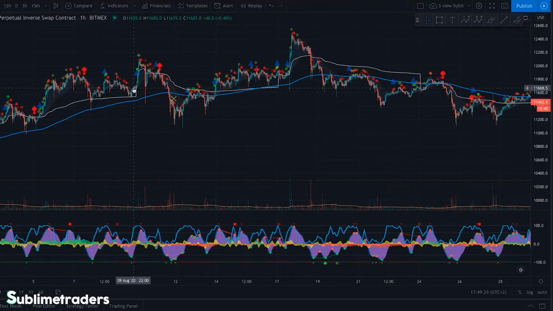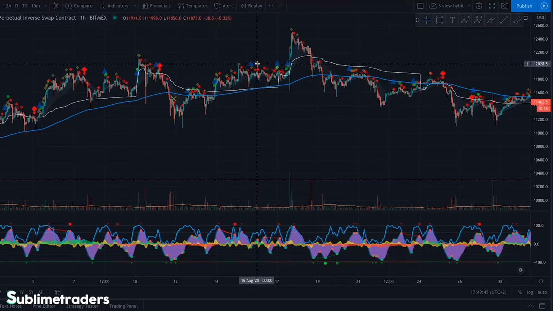The next image we can get from this indicator would be the green dot. The green dot is a long indicator. Then we have the yellow squares, the bullish continuation candles.